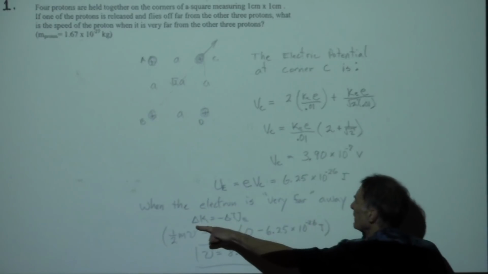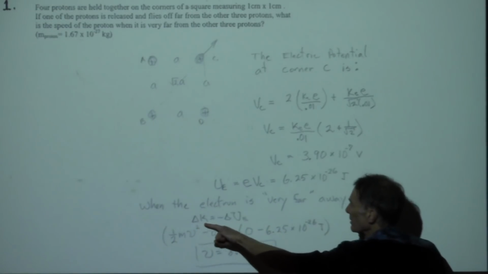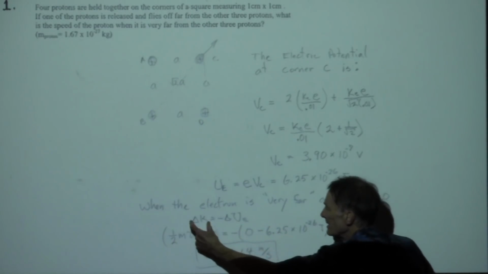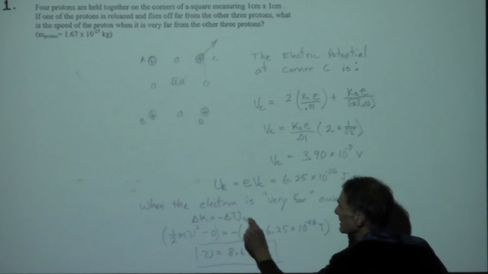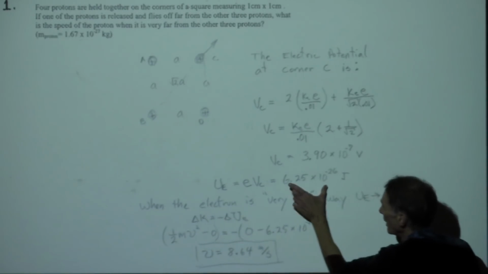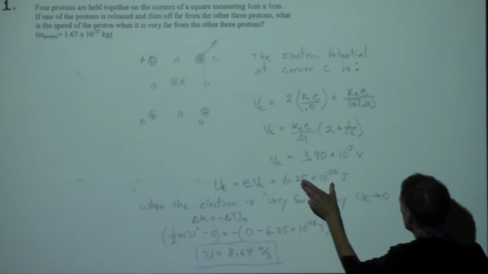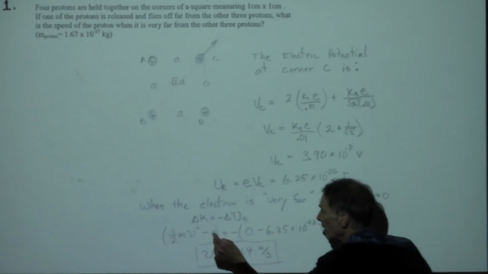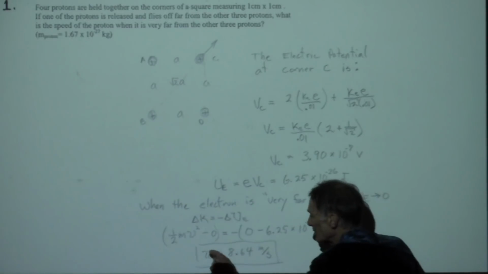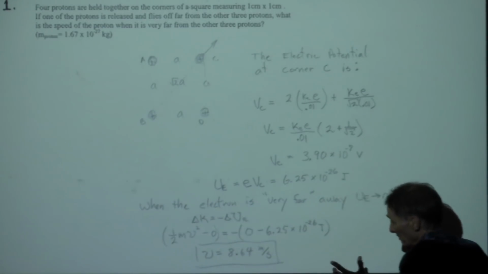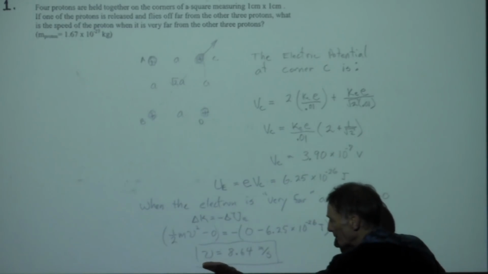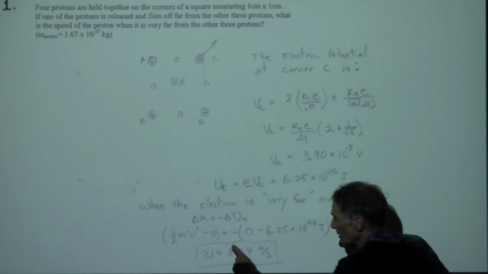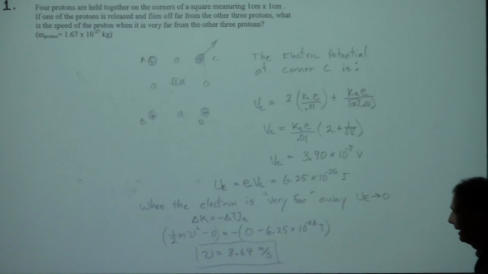So for conservation of energy, I'm expressing it here as you see it often done in the book, as delta K is just equal to minus delta U. So it went from this potential energy down to 0, and then the kinetic energy went up from 0 up to that. And so when it's very far away, i.e. infinity or close to infinity, it's going to have this velocity, 8.64 meters per second.